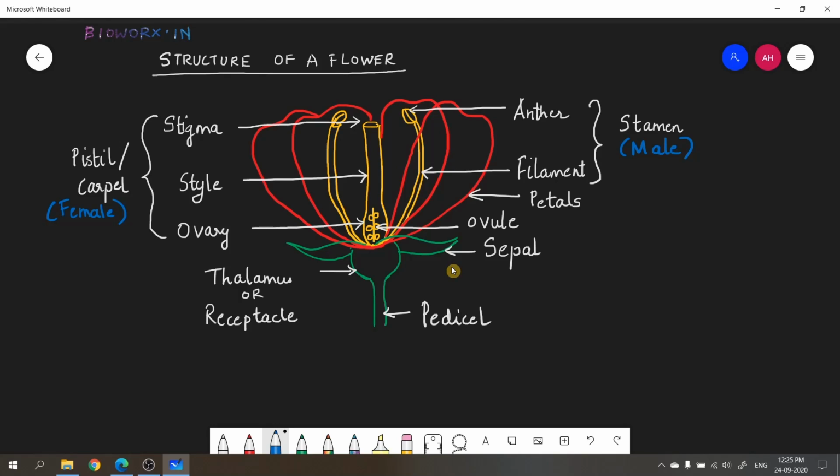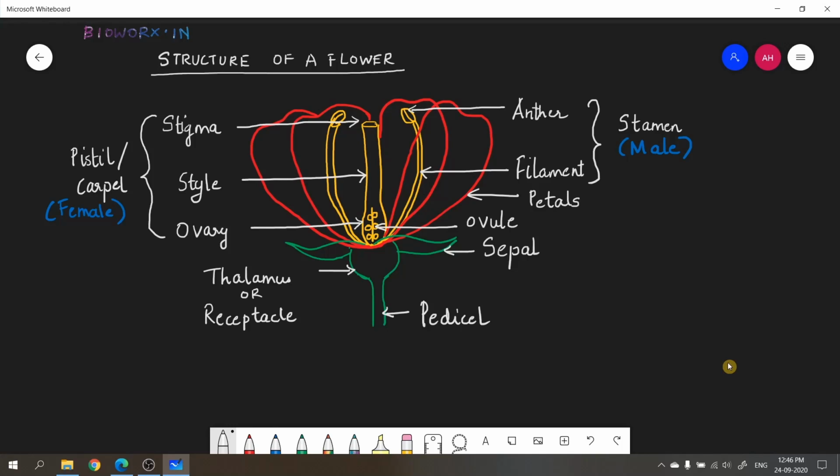You guys must have seen a flower when it is in a bud condition. The sepals kind of cover the flower externally. And then you have the pedicel, the stalk of the flower, and the swollen end of the pedicel is called a thalamus, which has all the parts of the flower present on it.